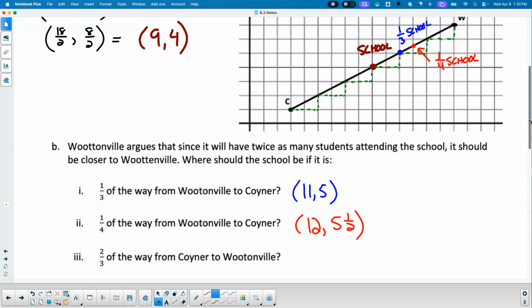Two-thirds of the way from Coiner to Woottonville. So how many triangles is it going to be to go 2/3 of the way? Because it's 6 triangles total, right? Times 2/3 is 4, right? But now we're going from Coiner, right? So I need to go 4 triangles from Coiner, which would be 1, 2, 3, and 4.